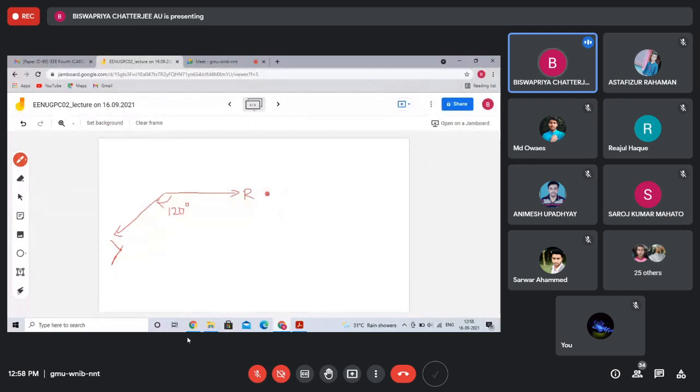So if R is the reference phasor, represented by R angle 0, then Y must be represented by Y angle minus 120 degree, because Y is lagging behind R by 120.